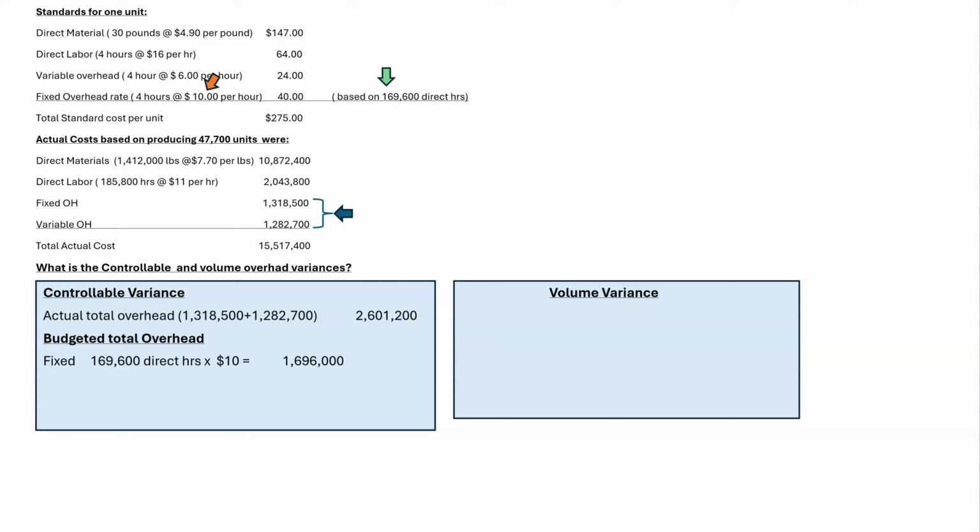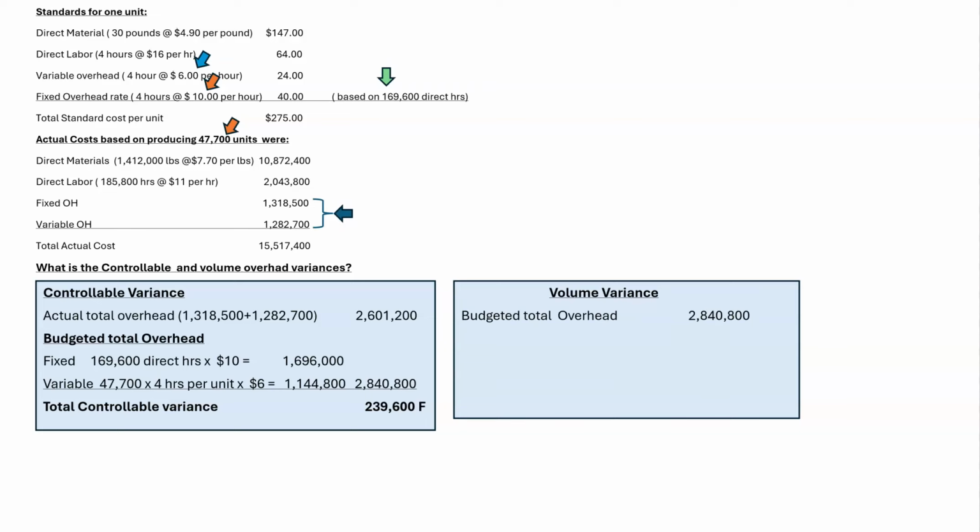And then we looked at the applied, which is also always going to be based on the actual units produced times the hours that we predicted we used times the rate we estimated. And that gives us our budgeted total overhead. In this case, we spent less than we thought we were going to, so that is favorable.